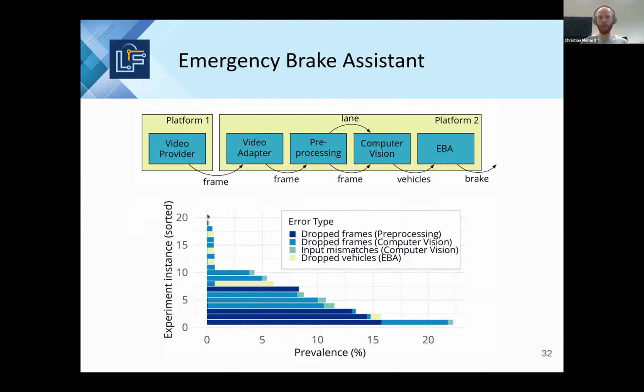Interestingly, for some of those runs, everything is more or less fine, barely any errors, but there are a few occasions where it's really above 20% errors. That's quite interesting because apparently not only is this program non-deterministic and has errors, the error rate is also non-deterministic, and it really depends on how all these different components come up and the timing of those.